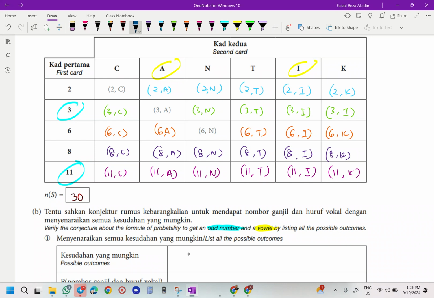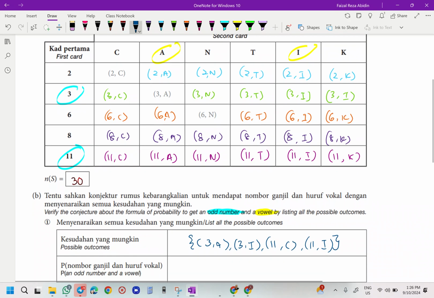Write down here. You are going to get 3A, 3I, 11A, and 11I. This is the possible outcomes.